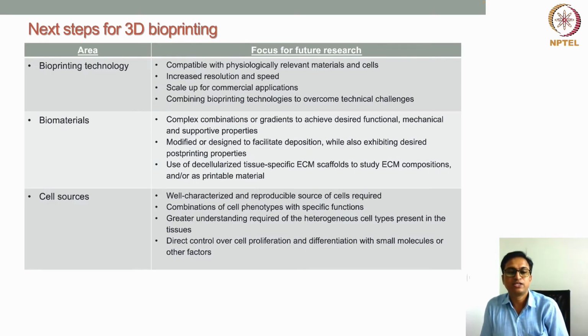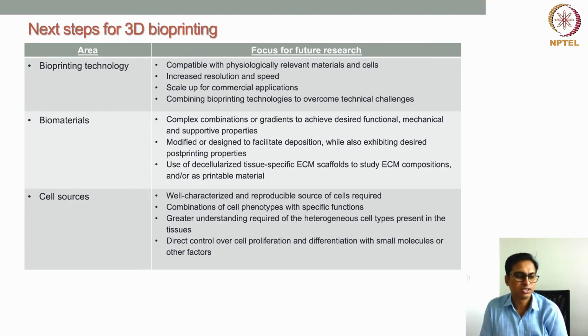So in biomaterials, these are the points that we have to deal with, and various research problems can be generated and addressed.